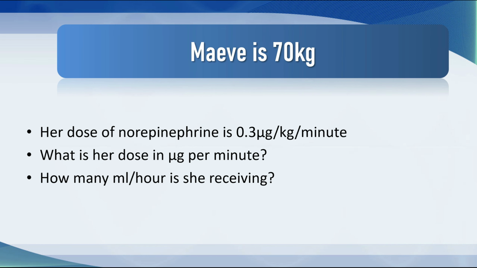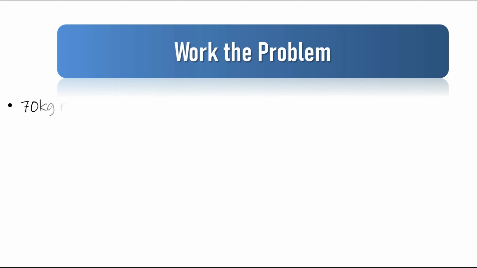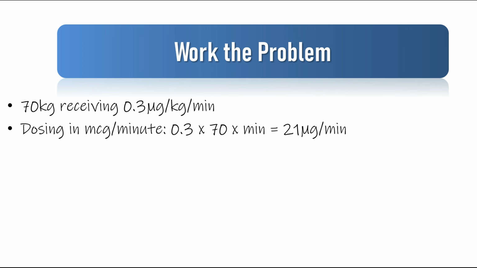Now, Maeve is 70 kilograms and her dose is 0.3 micrograms per kilo per minute. What's her dose in mics per minute and what's her dose in mils per hour? Let's work the problem. So she's 70 kilograms getting 0.3 mics per kilo per minute. The dosing in micrograms per minute is 0.3 times 70, which is 21 micrograms per minute.